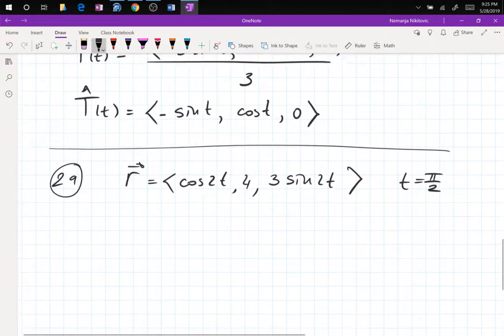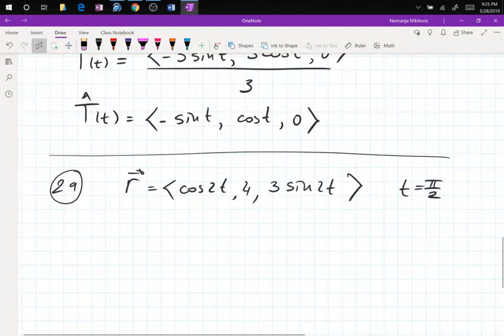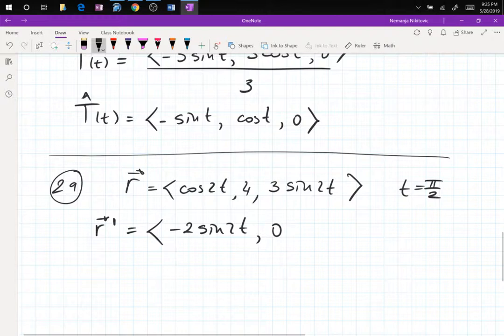So r prime is going to be negative 2 sine 2t, 0, and 6 cosine 2t.